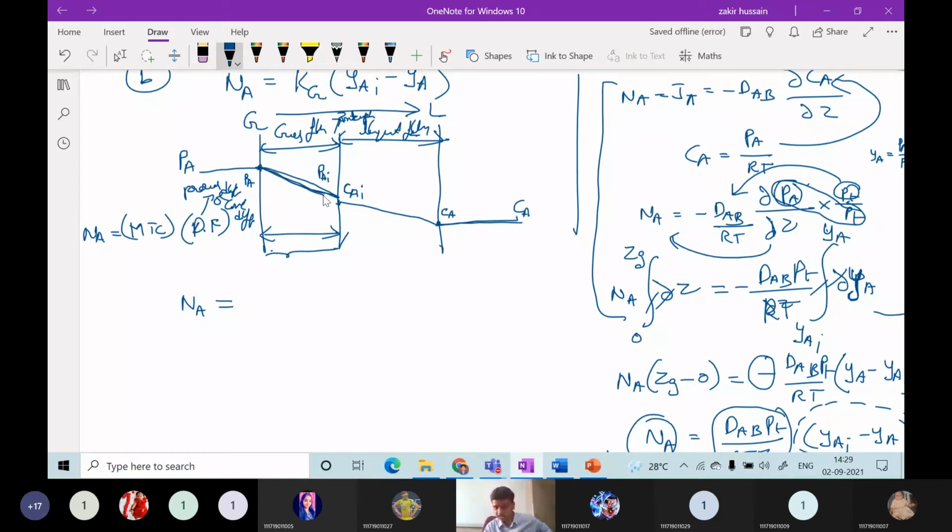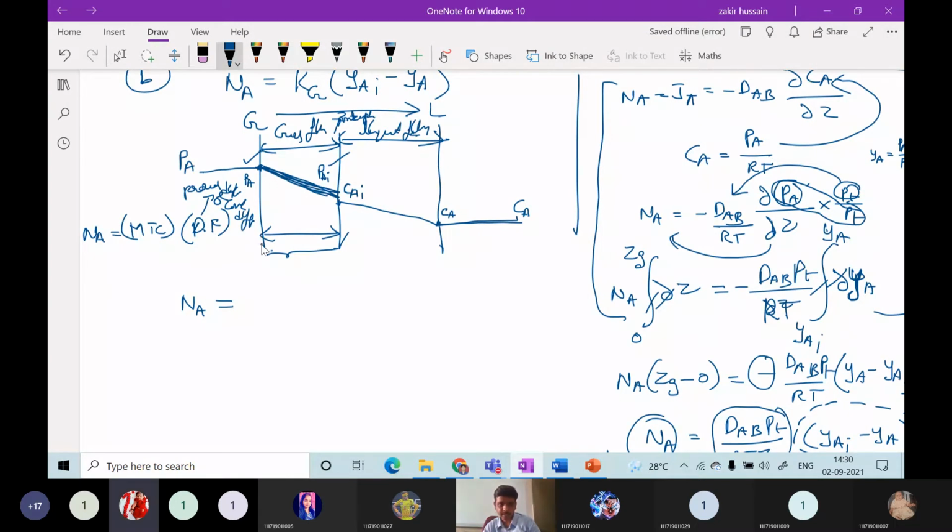According to this graph, when it is dropping like this, what is the higher pressure? PAI or PA? Can anybody say? What is the higher pressure by looking at this graph? PAI is the higher. This is dropping, see.